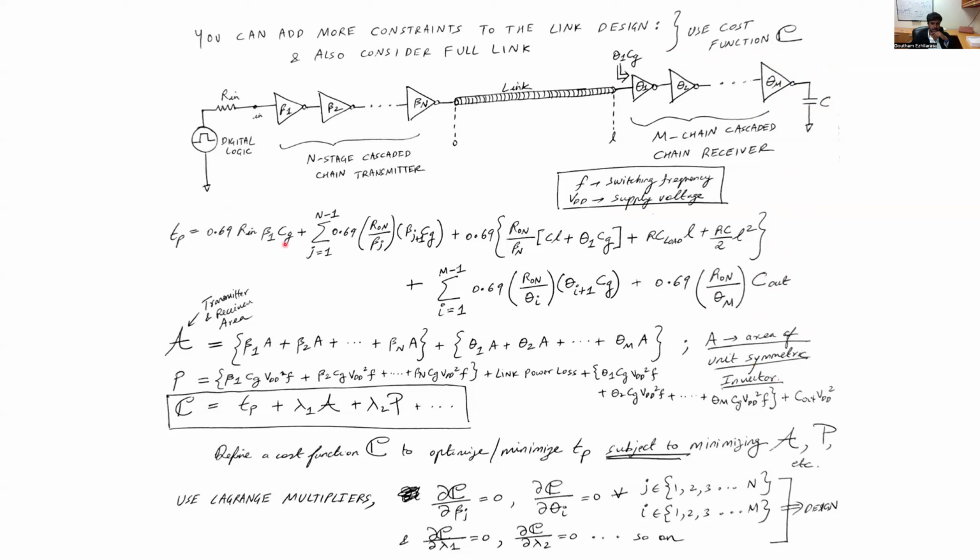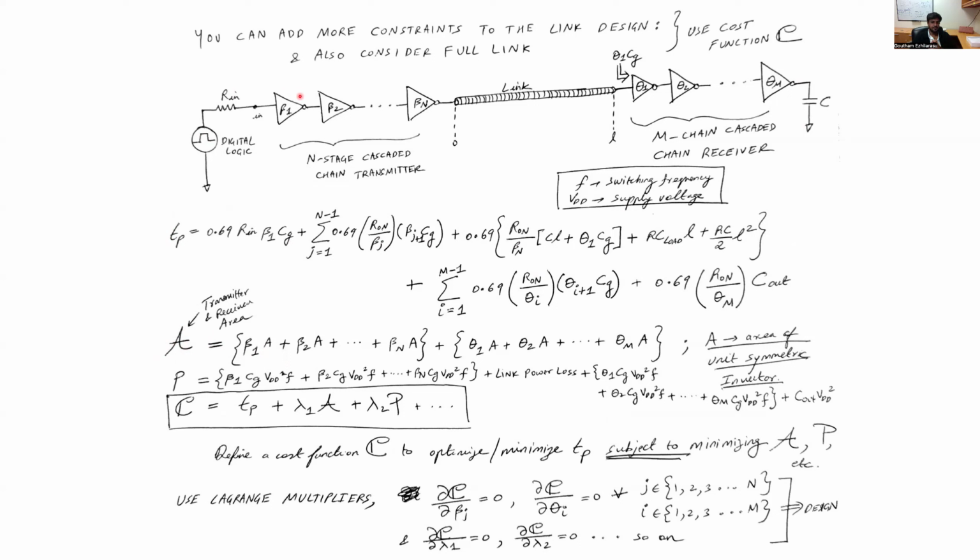So in most cases, not only would we have to optimize for the propagation delay, we also need to minimize the propagation delay subject to some constraints. For example, one of the constraints could be the overall area of the transmitter and receiver. As we already know, the size of the inverter is essentially proportional to the gate capacitance, because the larger the gate capacitance of the inverter, the wider the inverter is, and therefore the larger the size of the inverter is.